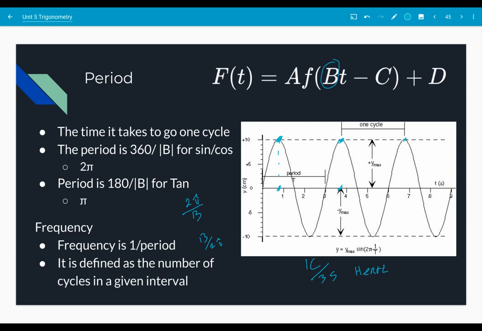When you tune the radio, if you still listen to the radio in your car, you're tuning to the frequency. So when you're listening to the radio station that is, say, 106.5, that's 106.5 megahertz. So that's 106 million times per second that waveform is oscillating back and forth.